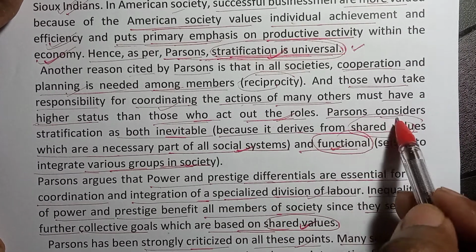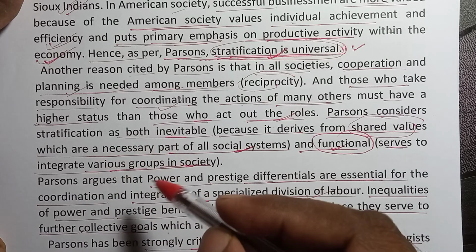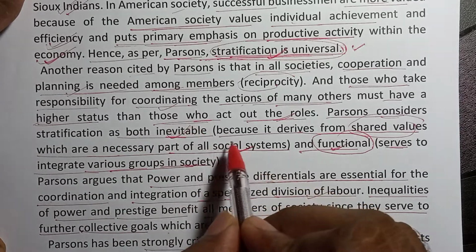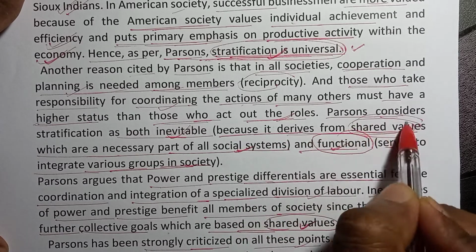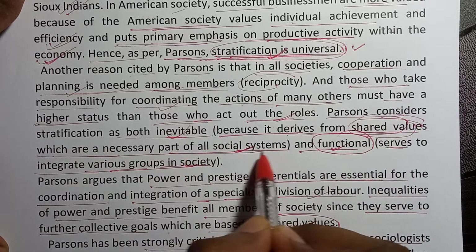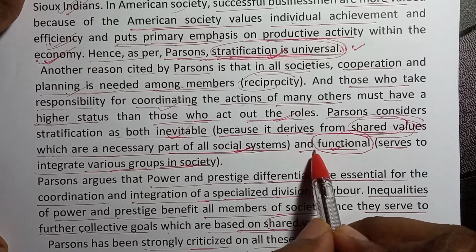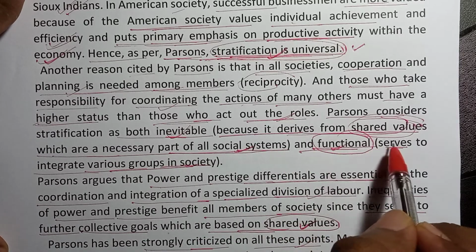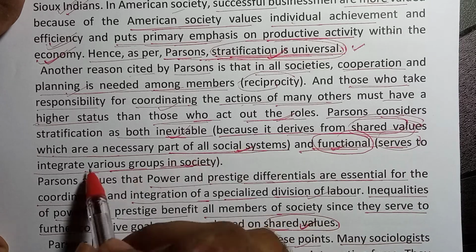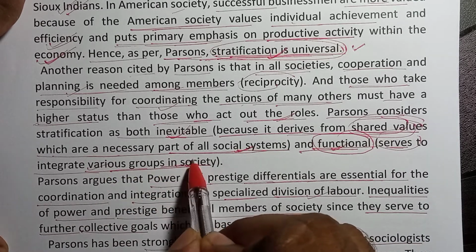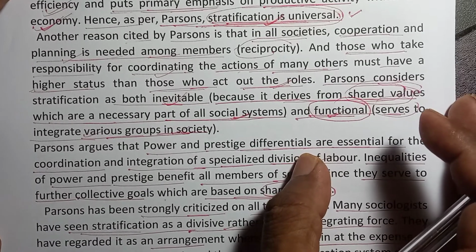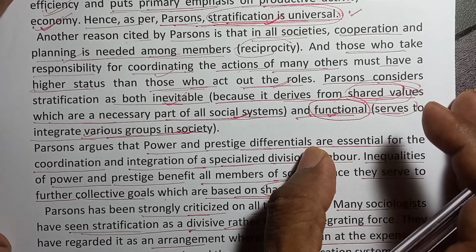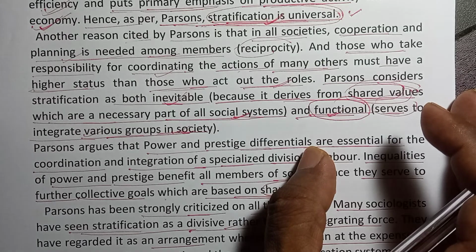Parsons considers stratification as both inevitable, because it derives from shared values which are a necessary part of all social systems, and functional, that means it serves to integrate various groups in society. So according to Parsons, social stratification is not only inevitable but also functional.